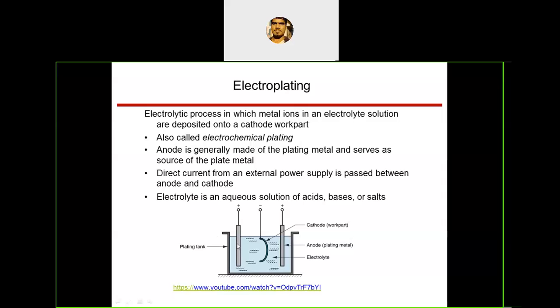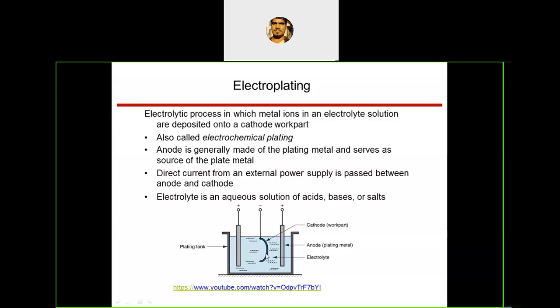When the ions dissolve, the positive ions start depositing on the negative one. Here this is a workpiece. On this workpiece surface we have to deposit the material.